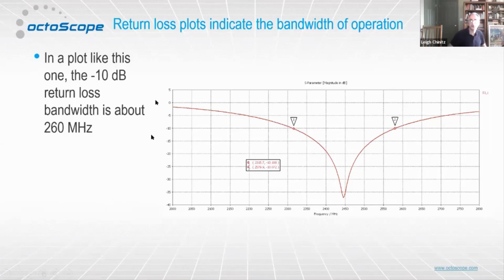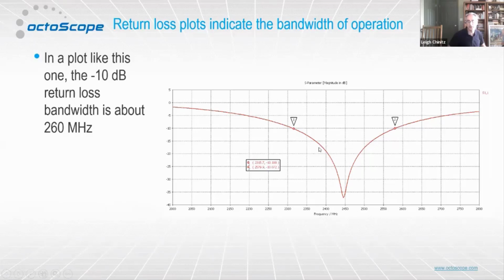Return loss plots tend to look like this. On the vertical axis we have return loss, and on the horizontal axis we have frequency. What you can see here is that there is a point at which the return loss is very low, meaning all the energy is getting radiated. So this antenna is clearly designed to operate around 2.45 gigahertz, but it does operate at frequencies on either side of that.